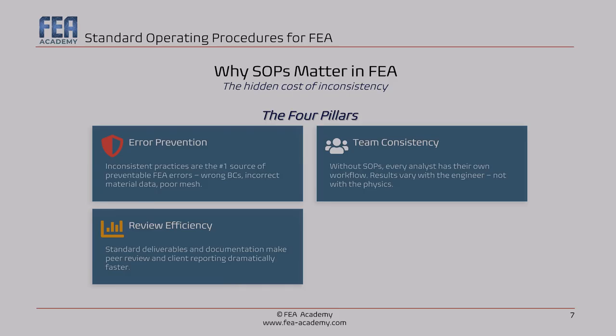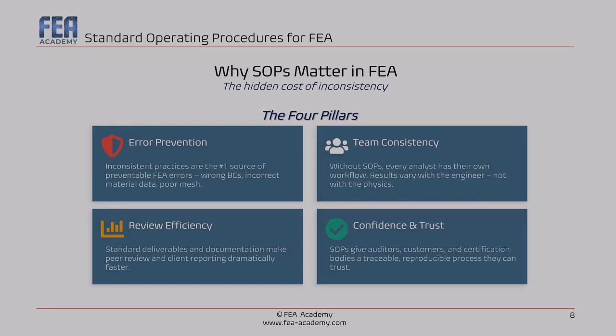Not because the reviewers work faster, but because they don't have to go looking for things. The mesh quality report is always in section 3, for example. The free body check is always on page 7. The acceptance criteria are always in the executive summary. Standard in, standard out.